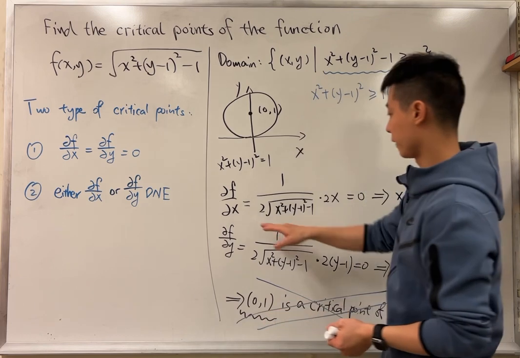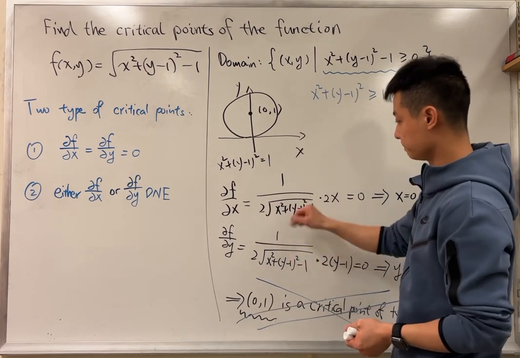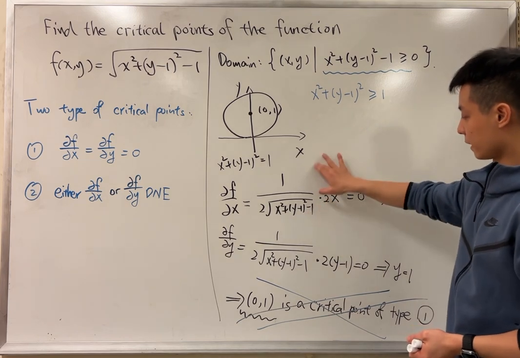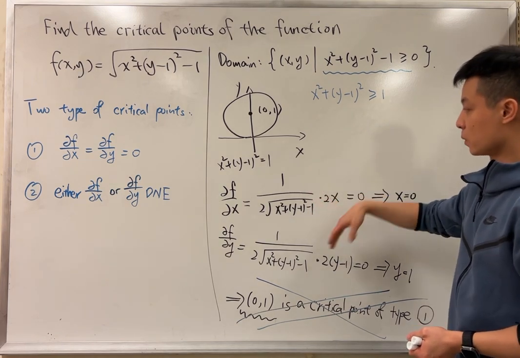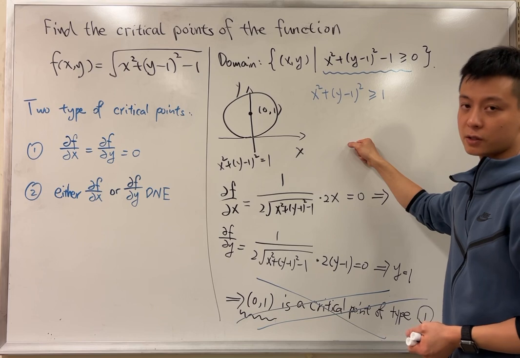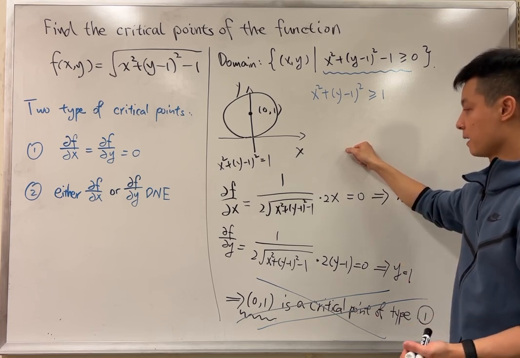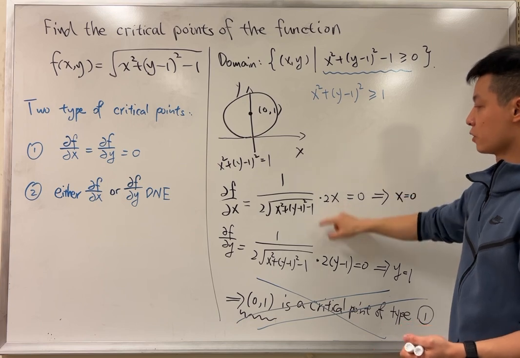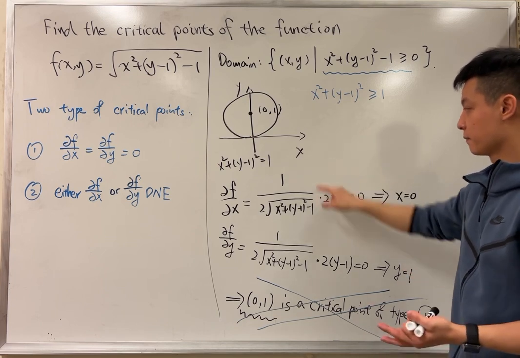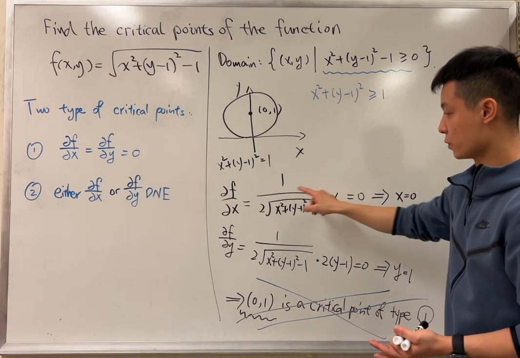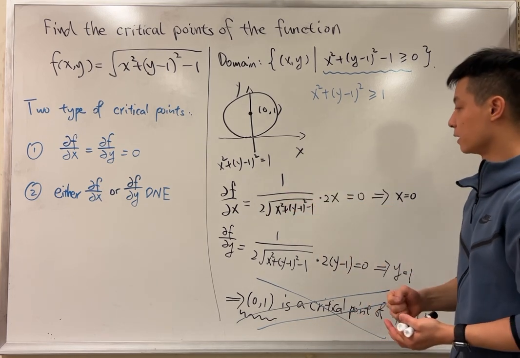So let's take a look at the expression of either of the partial derivatives. This is like a fraction, right? In order for a function to not exist, we need to have the function be not defined. And for a function like this to be not defined, we need to either have some problem with the square root or a problem with the denominator.